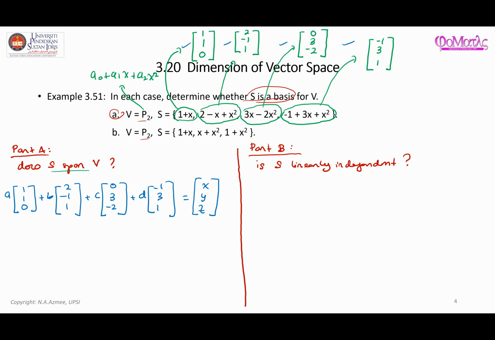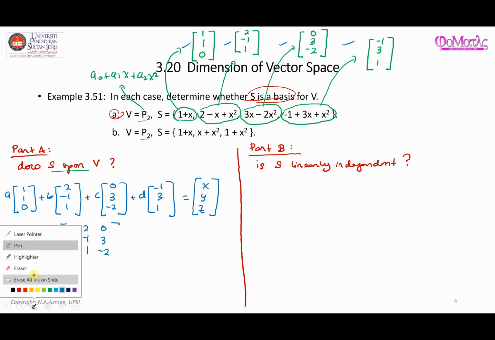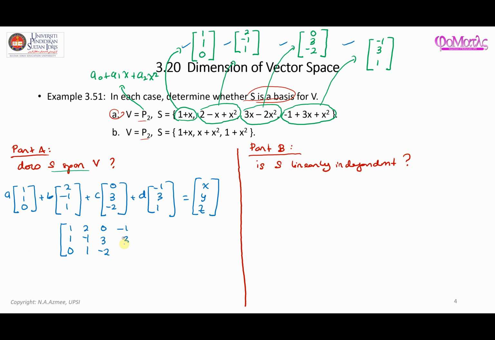And this whole thing can be written in a compact form if you consider these vectors here. So 1, 1, 0, this one, 2, -1, 1, this one, 0, 3, -2, and this one is -1, 3, 1. So we are writing it in this way.